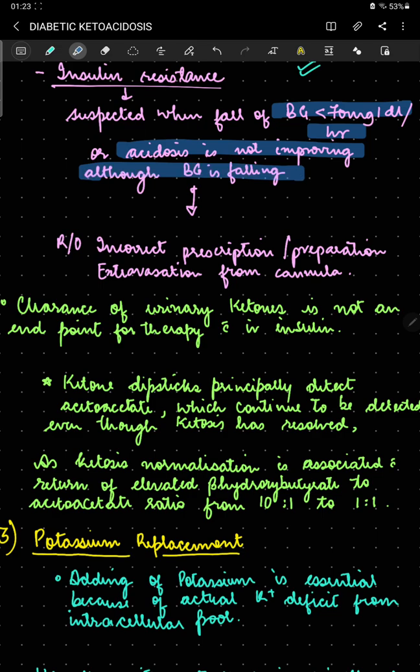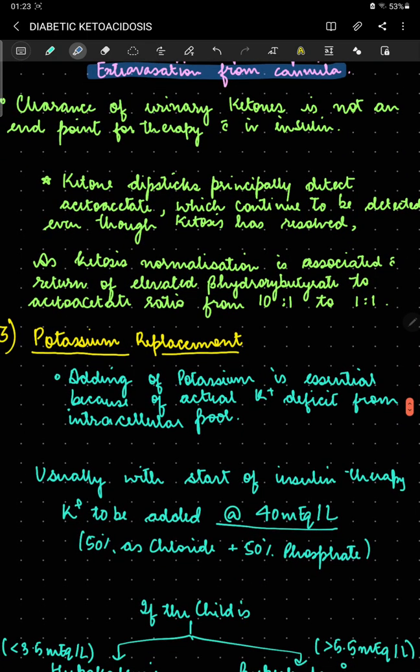Okay, so first of all, you don't label it insulin resistance straight away. You have to rule out any incorrect prescription by the doctor or incorrect preparation, or if there is extravasation from the cannula. Okay.